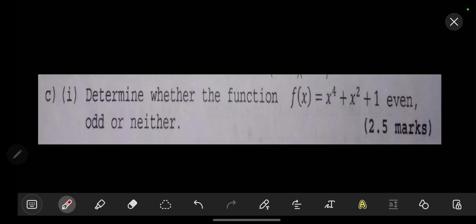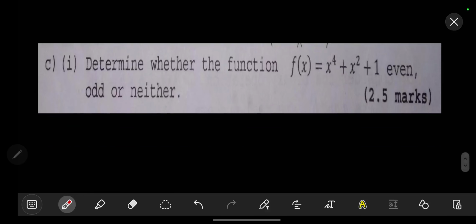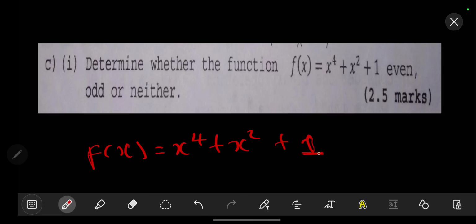So C says determine whether the function f of x is even, odd, or neither. So just by looking at a function you are able to determine. So our f of x should be equal to x to the power 4 plus x to the power 2 plus 1. So this one, just by looking at it, you can tell that this is an even function.